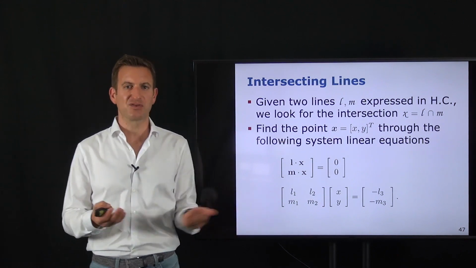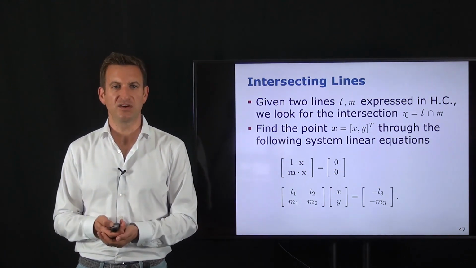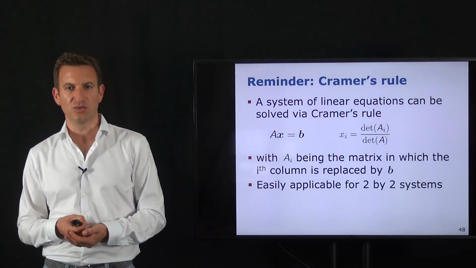We can take an arbitrary technique in order to solve this. One of the easiest ways to do this for this 2 by 2 system is to use Cramer's rule.